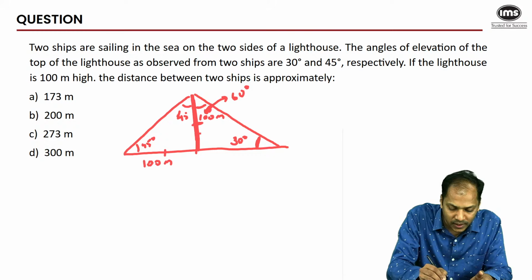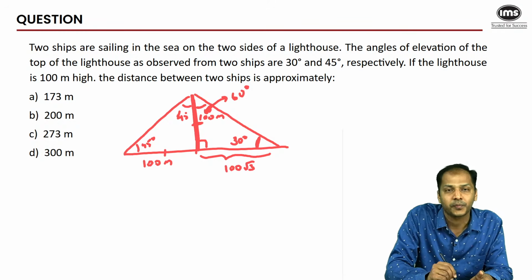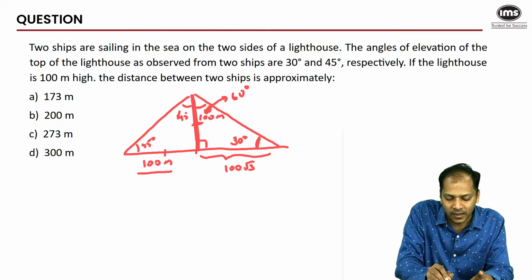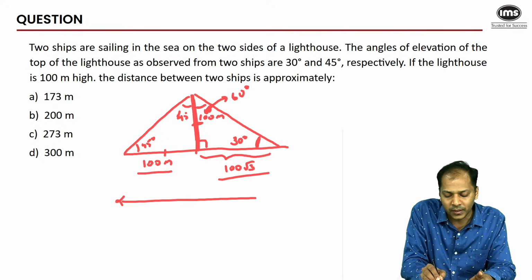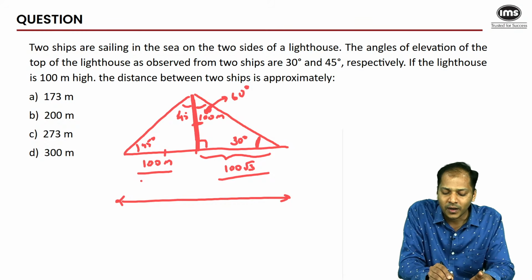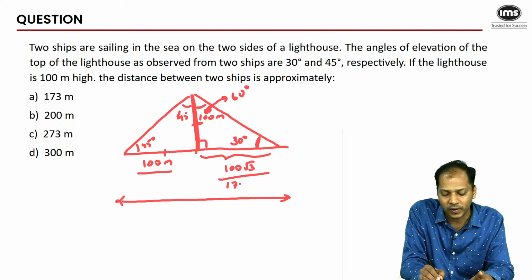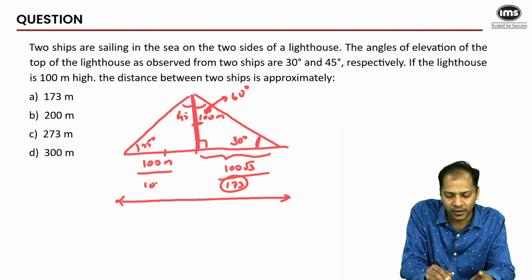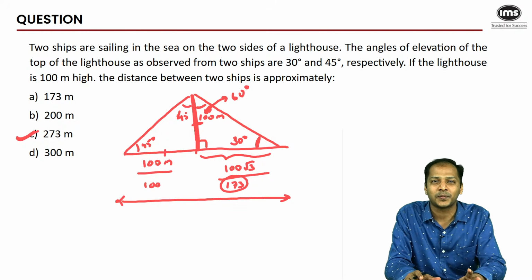So the side opposite 30 degrees is 100. Therefore, in this right angled triangle, the side opposite 60 degrees, this part, would be 100 root 3. So one part is 100 and one part is 100 root 3. Therefore, the total distance between the two ships is nothing but 100 plus 100 root 3. If I take root 3 to be 1.73, this is 173 and this is 100, so the total distance would be 273. The answer is option C, right?